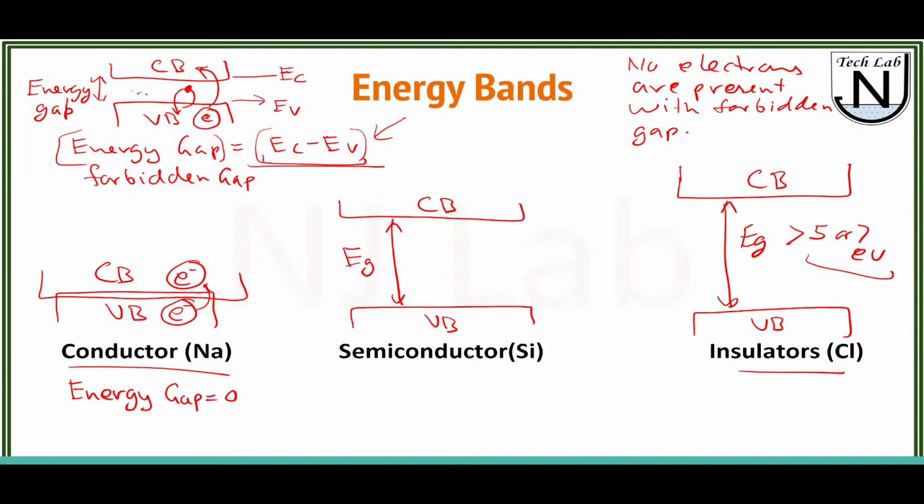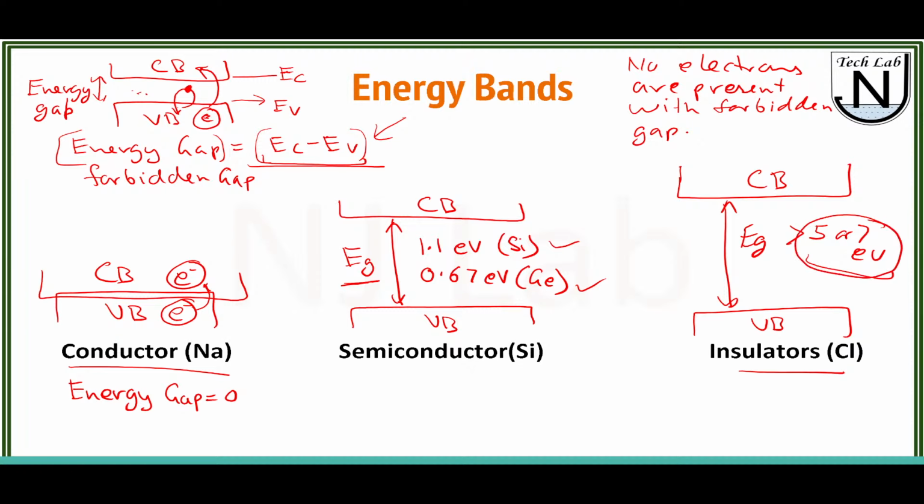But in silicon the energy gap is medium, and there is some hope. The energy gap of silicon is about 1.1 electron volt, whereas for germanium it is just 0.67. So you can see the difference between the energy gap of the semiconductors and that of the insulator.